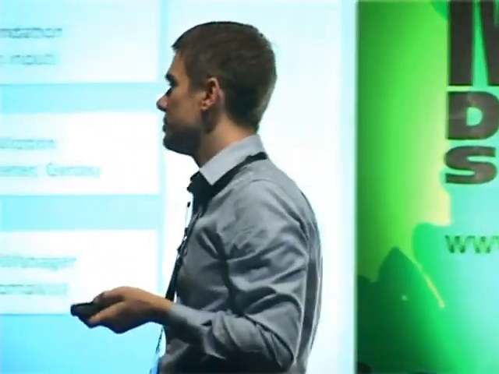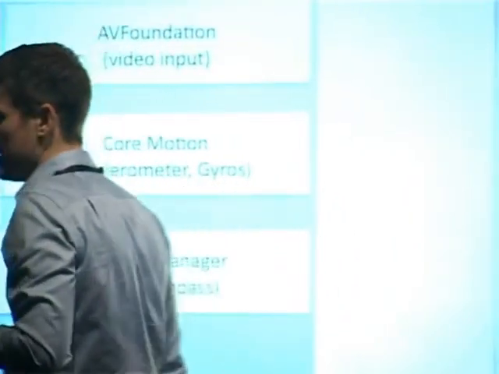So the iOS augmented reality stack is in three parts. There's AV Foundation, which is an API that we use for video input and output. We can also use it for audio. So if you want to get the input stream from a camera or from the microphone in the little earbuds or the microphone in the phone, you can use AV Foundation to get it.